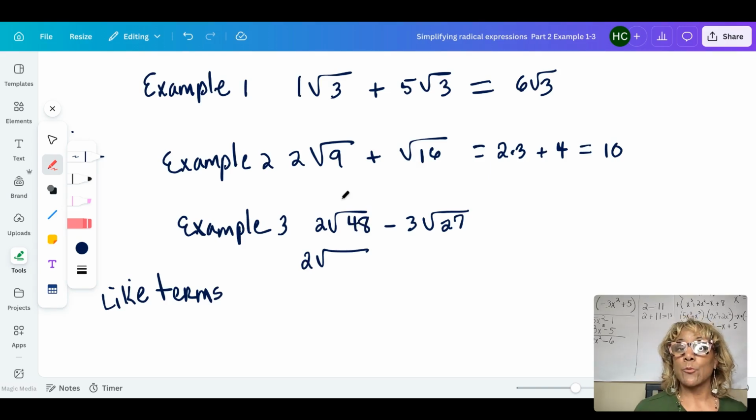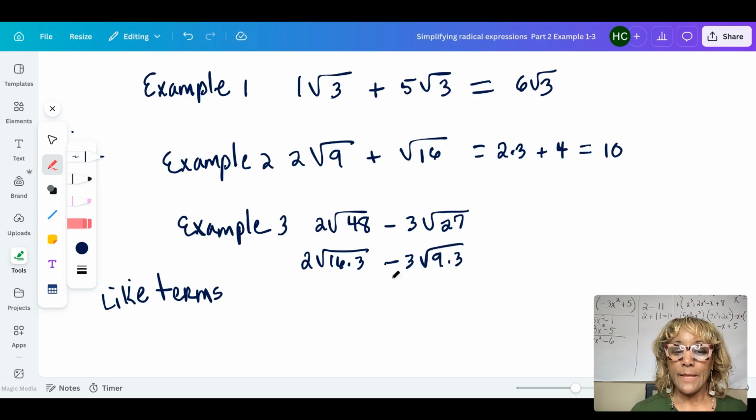We can do our other method that I've shown you in other videos, but think of what factor of 48 is a perfect square. So that's 16. Same thing for 27. It's 9 and 3.